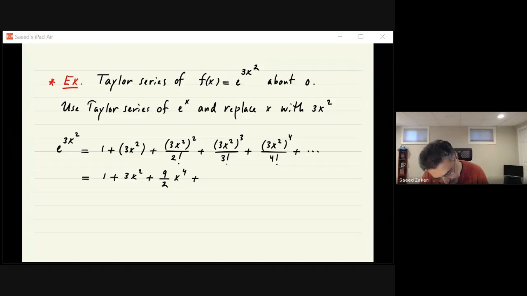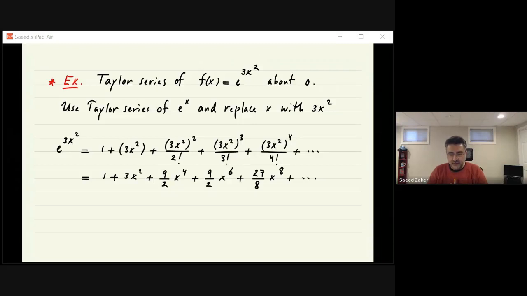Yeah. 9 over 2 x to the 6 plus whatever, 81 over 24, which is 27 over 8. So those are the first few terms in the Taylor series of e to the 3x squared.